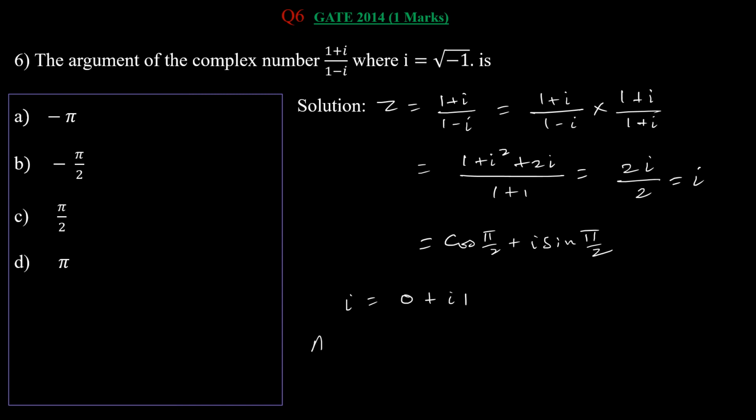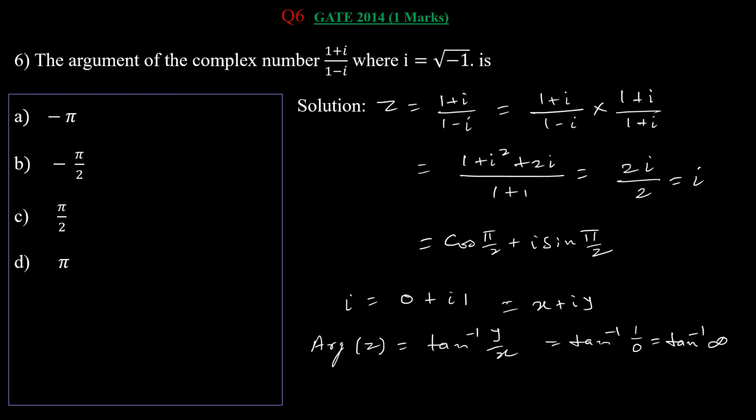So argument of z is tan inverse of y by x, if you write x plus iy. So again it is tan inverse of 1 upon 0, that is tan inverse infinity. So in this way also we can see it is pi by 2. So theta is pi by 2 that we have. So pi by 2 is the right answer. So option C is the correct answer.